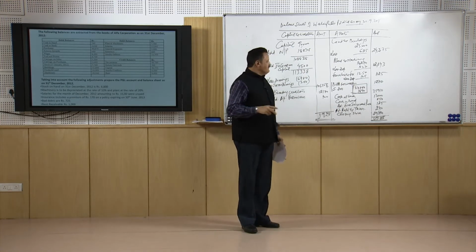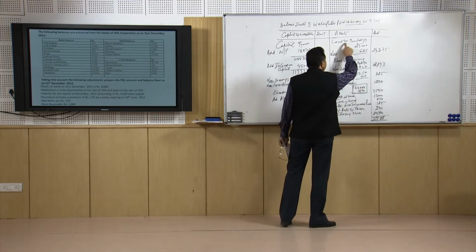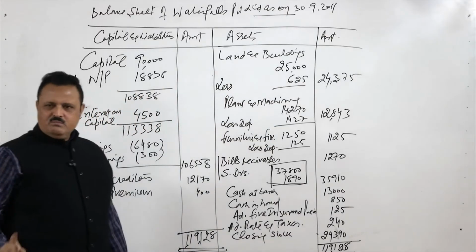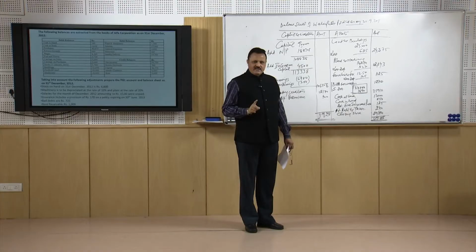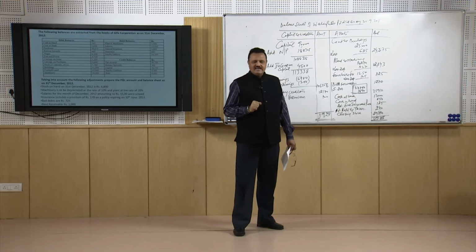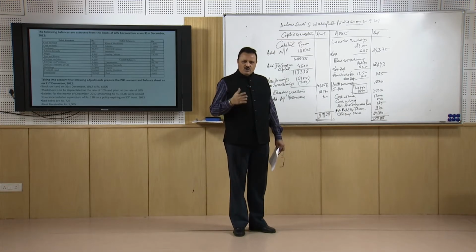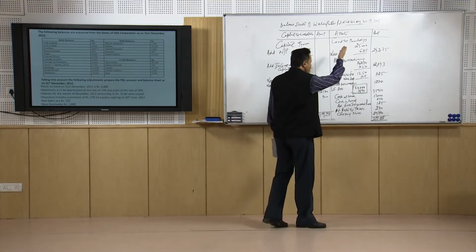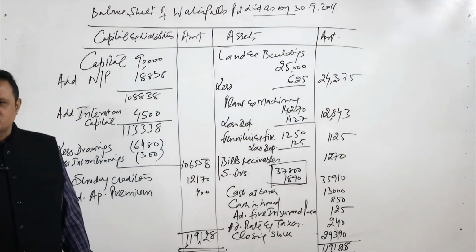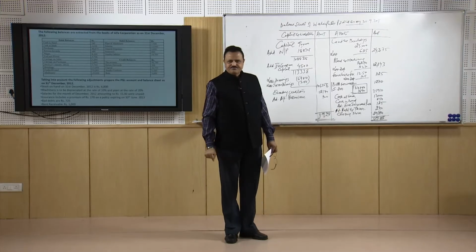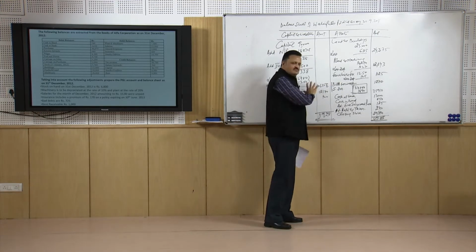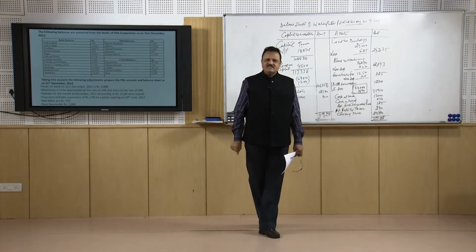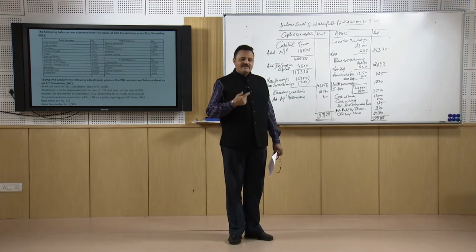Land has the longest life, but here we are talking about that particular piece of land on which the building is constructed, because number one, we do not charge any depreciation on land. Land value never depreciates, normally it appreciates, but that appreciation is never recorded here because we prepare the financial statements of firms on the basis of historical cost. With that concept of historical cost, we prepare the balance sheet and profit and loss account on the basis of book value, not on the basis of the market value of the asset.